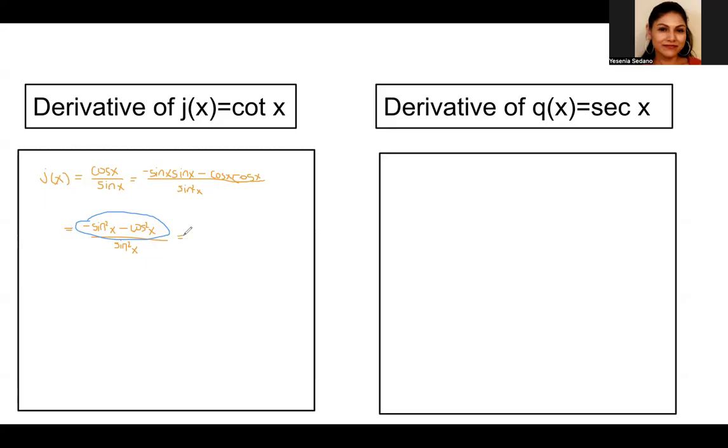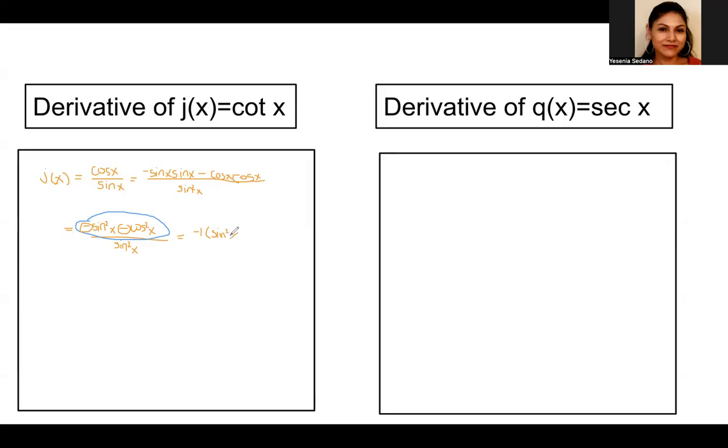But here's what we want to do, guys. Because there's a negative here and a negative here, we can just factor out a -1. And then we'll be able to actually get our identity. So take a look here.